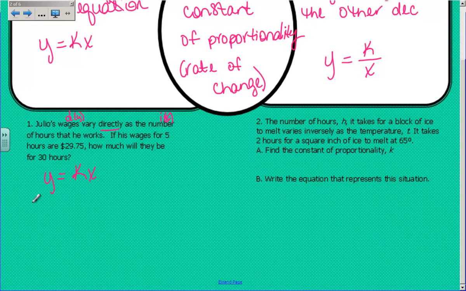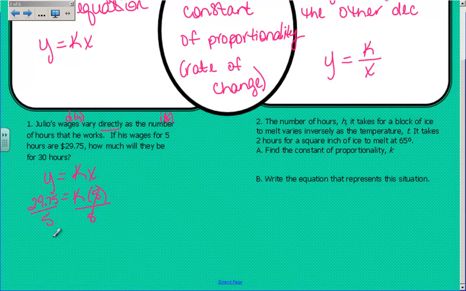So I'm going to plug in what I know. 5 hours is how long he works, and $29.75 is how much he makes. The first thing I'm going to have to do is find out what k is so that I can use it to answer the rest of my question. Well, to get this k by itself, I have to divide by 5. So I'm going to divide by 5 on both sides of my equation, and I get that $29.75 divided by 5 is $5.95.